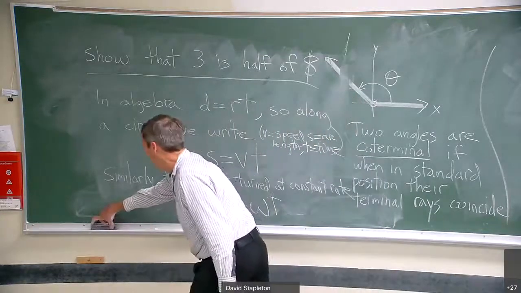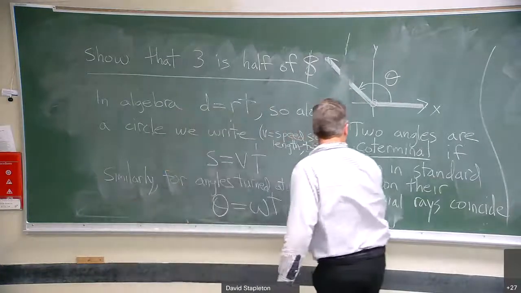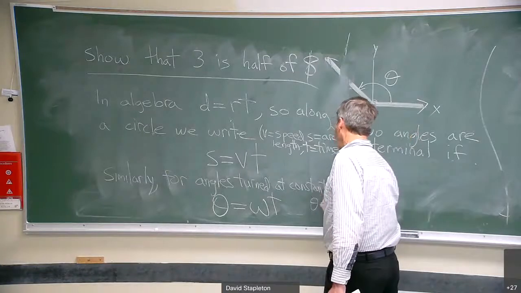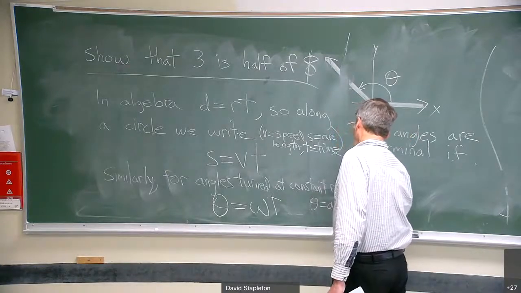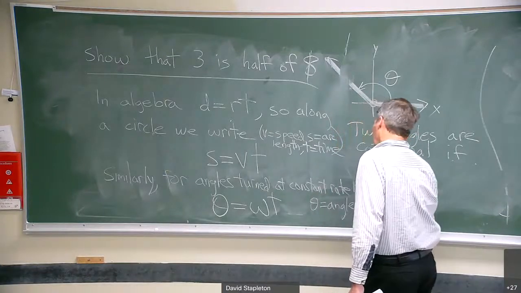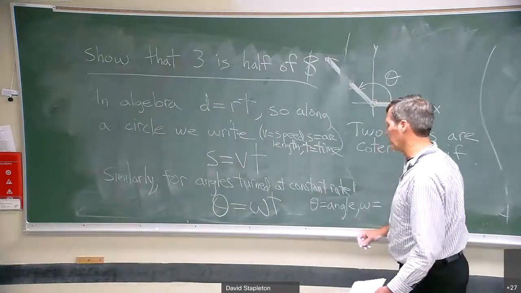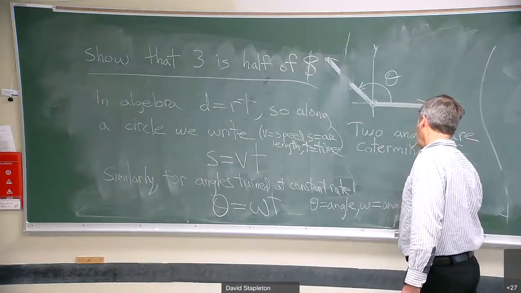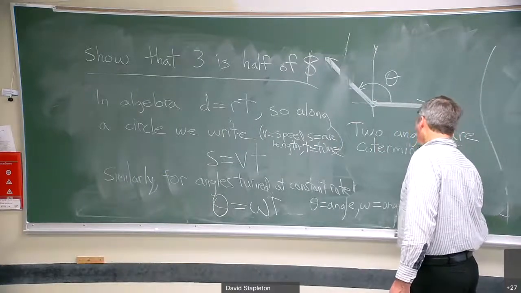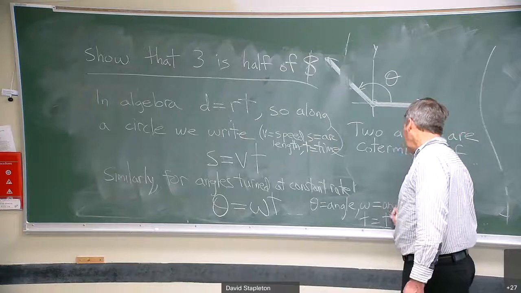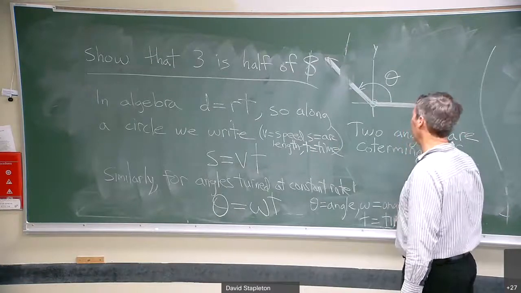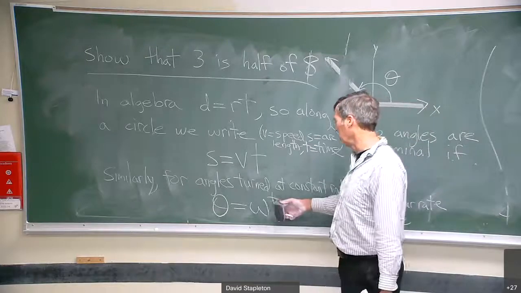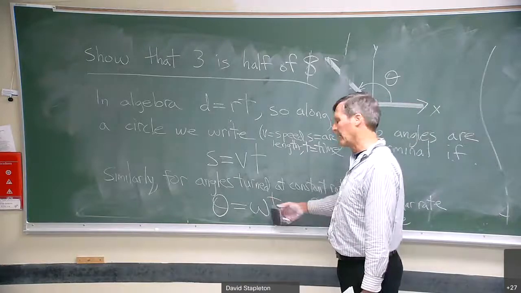So this time we'll say theta is the total angle that you turn through. Omega is the angular rate, like radians per second or degrees per second. And once again, T is time. At least that carries over from algebra, right? But you can do the angle swept out by multiplying by its angular, we'll say angular speed here.